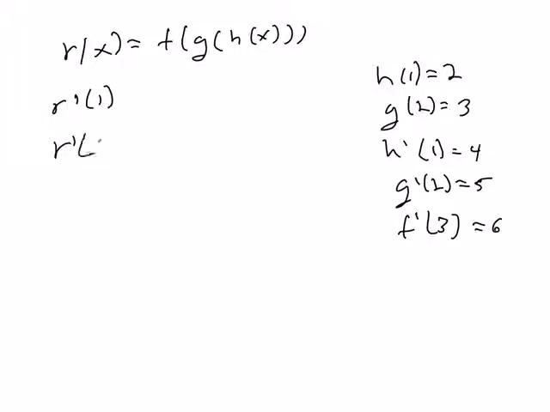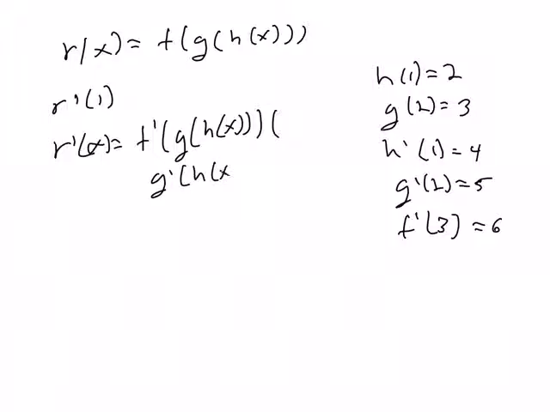So r prime of x is going to be f prime of g of h of x, how close is that, right, times g prime of h of x times h prime of x, right? Yes, that closes that, that closes that, good, perfect.